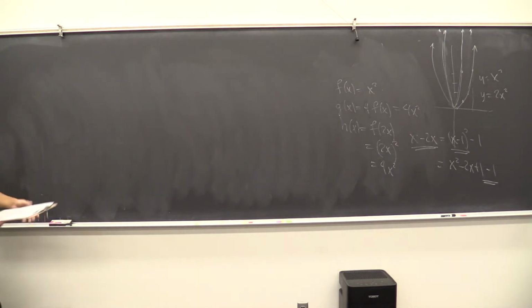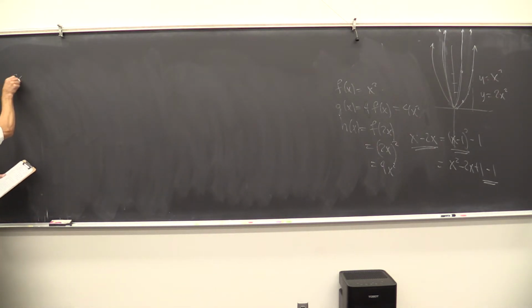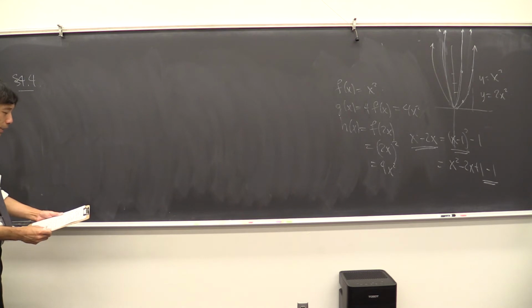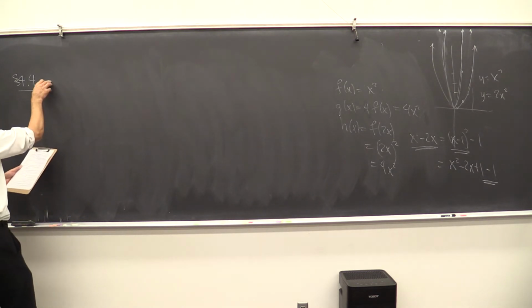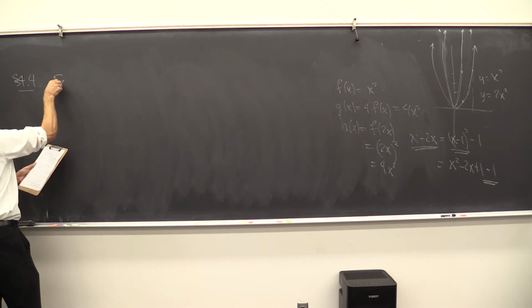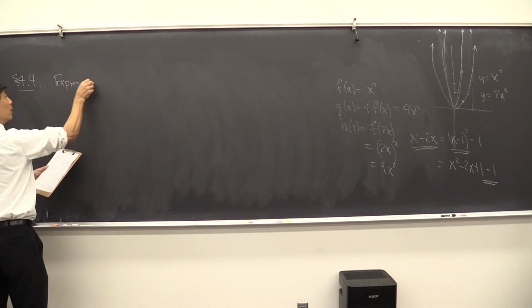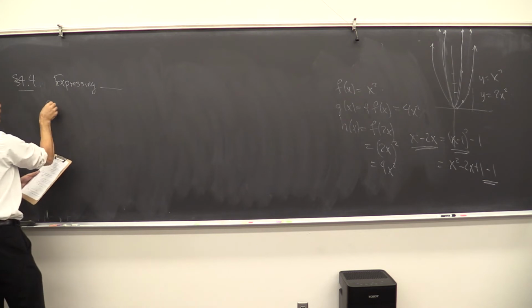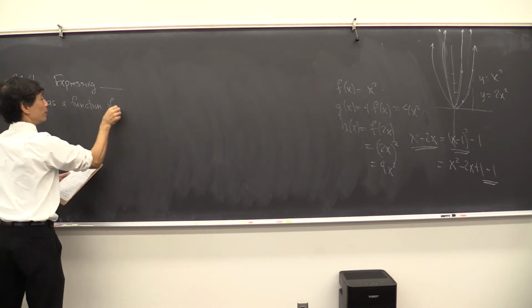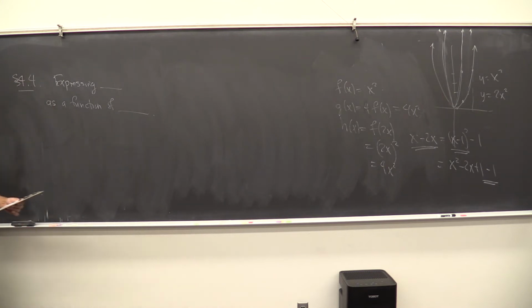Okay, so I'm going to go to section 4.4 actually, rather than do section 4.3. The title of this in my notes is expressing something as a function of something.